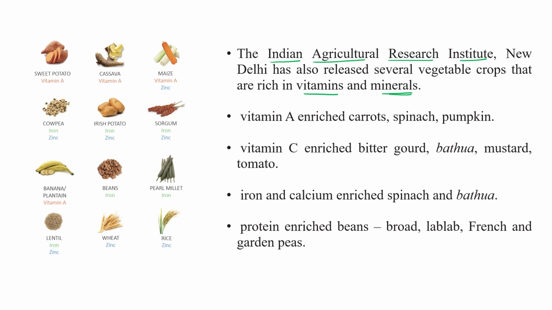can improve quantity and quality of various crops in these types of research institutes, which are mainly focusing on crop type and to improve the farming, right? So these are certain examples like vitamin A enriched carrot, spinach, pumpkin already developed by IARI.